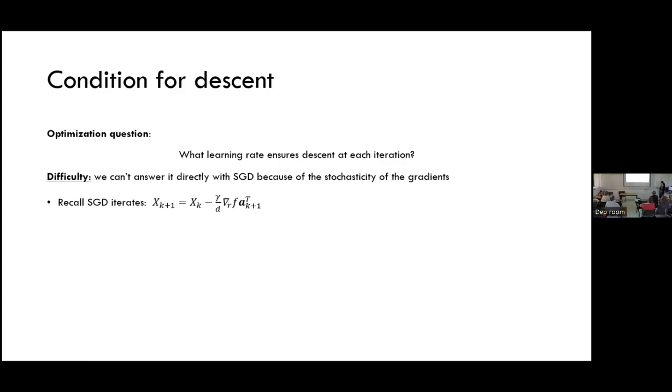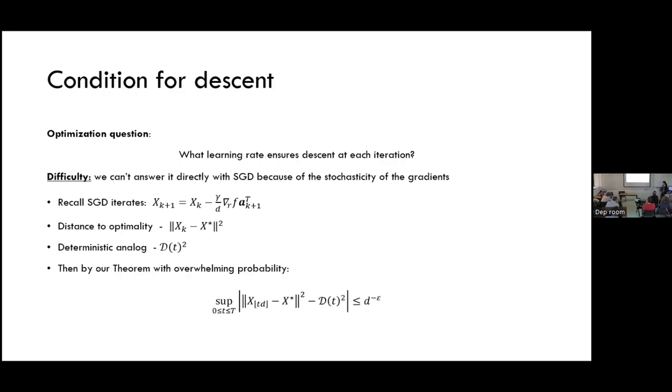The idea is that you want to find some function that is decreasing. This is something that is usually called a Lyapunov function. The function that we take, suppose now that x and x star are of the same dimension, is just their difference. And I can find an equivalent deterministic limit using our theorem.